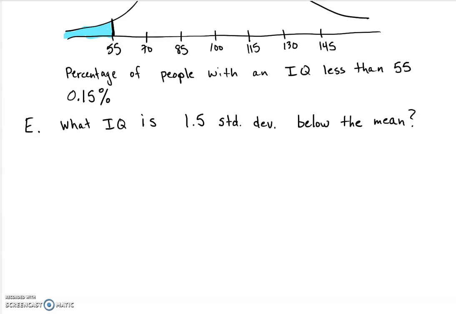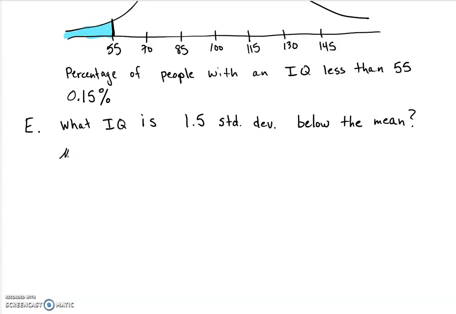Okay, first of all, remember every time we go one way or the other from the mean, we are either adding multiples of the standard deviation if we're going to the right, or we're subtracting if we go to the left.